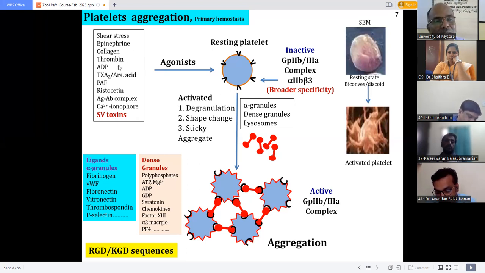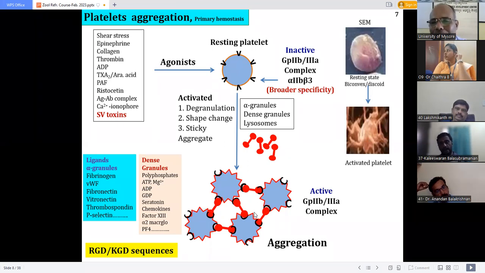Collagen can activate platelets. Thrombin, ADP, thromboxane, arachidonic acid, platelet activating factor, ristocetin, antigen-antibody complex, and calcium ionophore can too. Many of them activate platelets and cause aggregation. And venom toxins, many snake venom toxins also activate platelets. The activators, you can simply call agonists. These agonists can stimulate platelets and cause aggregation.